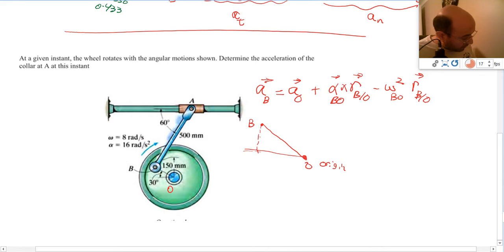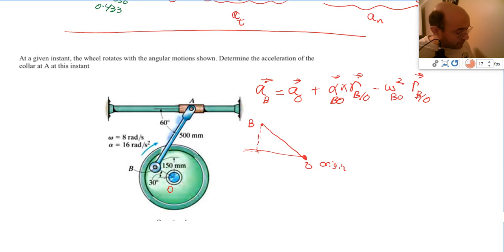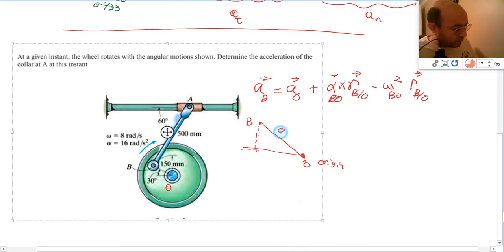So I got 0.15 as the radius for that location. So 0.15 down here is the distance from here to here.